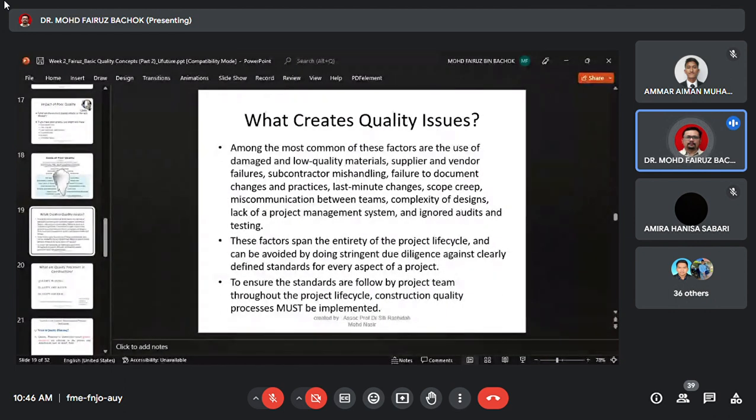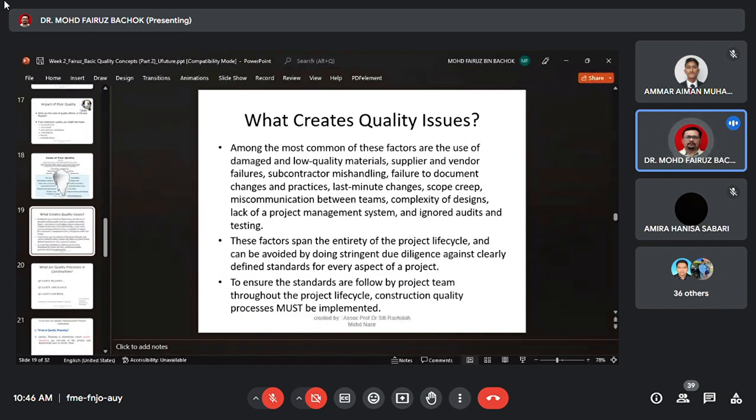You should follow the standard. If you follow the standard, you can prolong your project life cycle. If you build a building, the life cycle is supposed to be 30 years. It can stand more than that. If you do not follow the standard, the building is supposed to stand for 30 years, but maybe after 20 years, the building will fail.